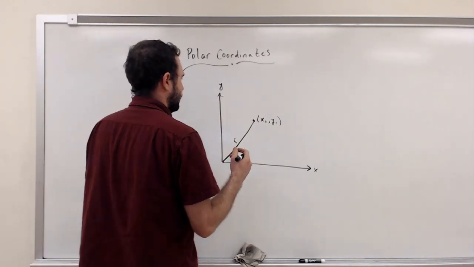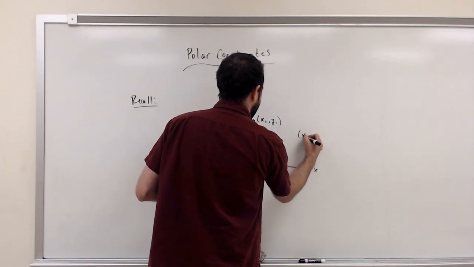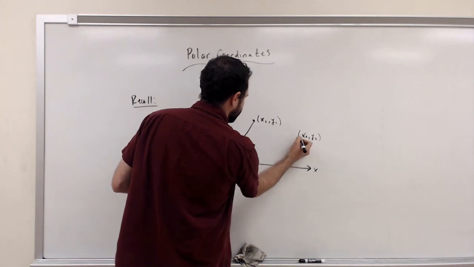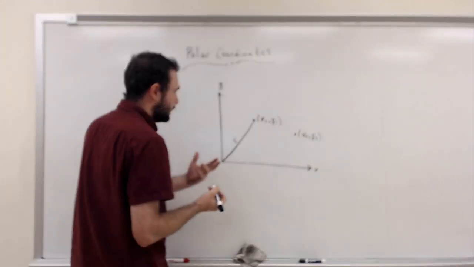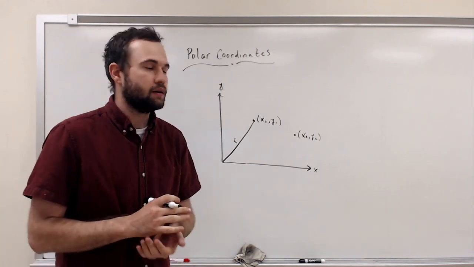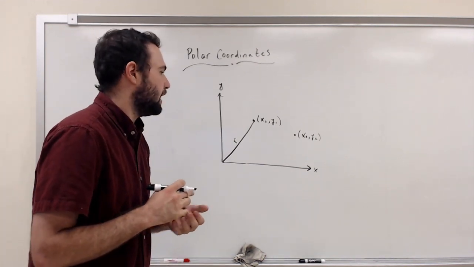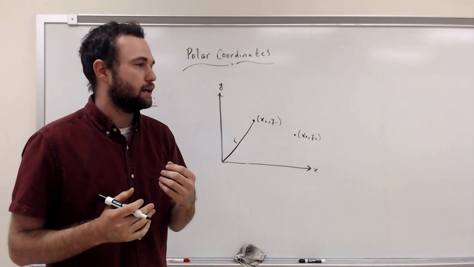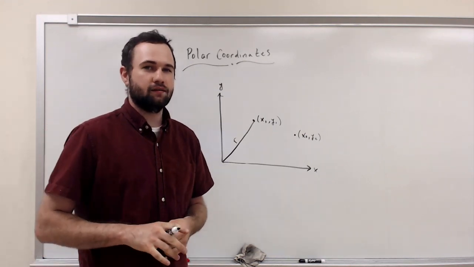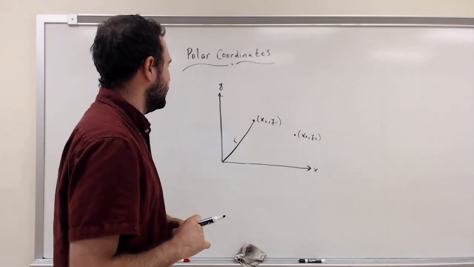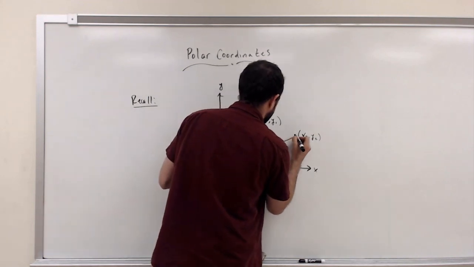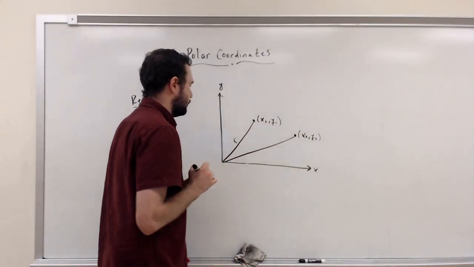If we have another point over here, x2, comma y2, it makes intuitive sense that we should be able to find a radius for any point, and that radius should be determined, not necessarily uniquely because we need the angle measurement, and even then it's not unique. We'll see that in a second. But nonetheless, we should be able to find a radius that connects the origin to that point.